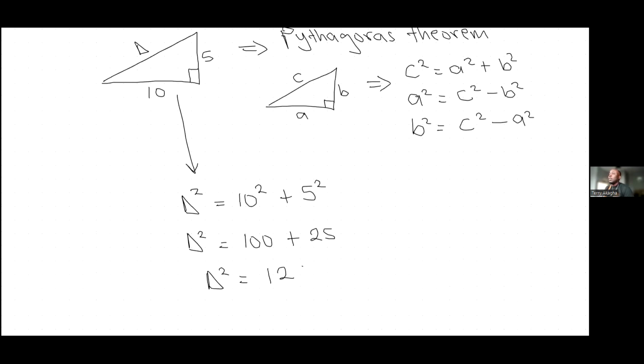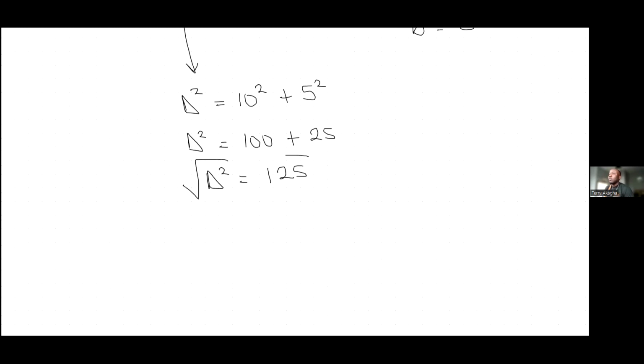Now, to find D, we take the square root of both sides. So D is equal to the square root of 125, which is plus or minus 5 root 5 centimeters. But you can't have a negative sign for length or diagonal. Therefore, D is equal to 5 root 5 centimeters, and that is the answer.